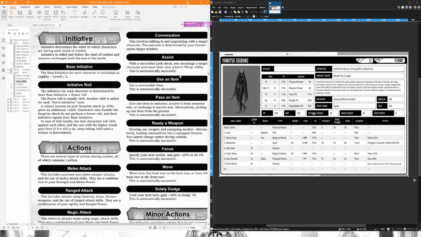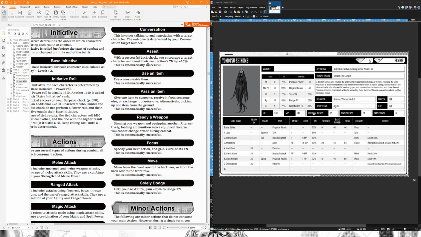So the assist and aid action, I did want to mention, I want to go back and actually retranslate that, because now I wonder if Tokyo Conception made a rules change or if there's actually a difference between the two systems. In X, it works the same way. You make a luck check. If you succeed, the target gets plus 20% to a specific action.